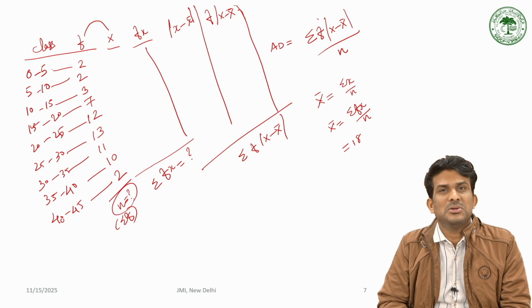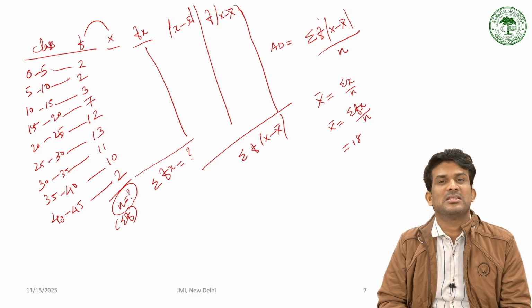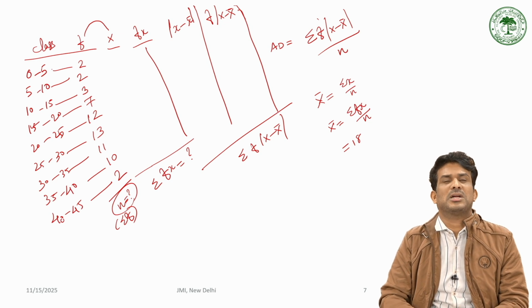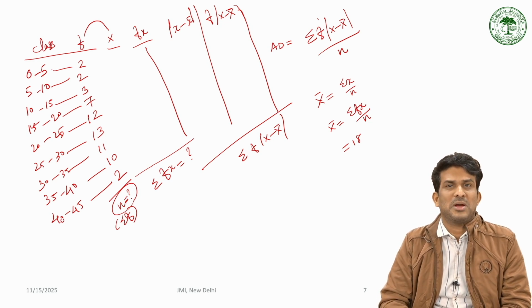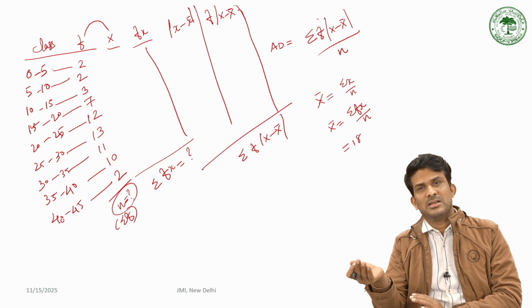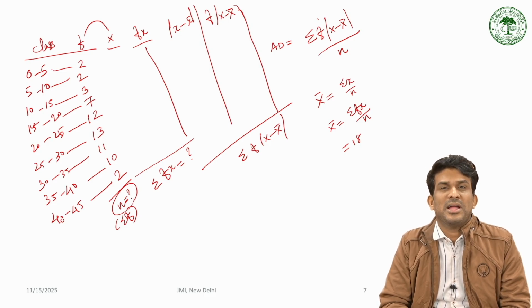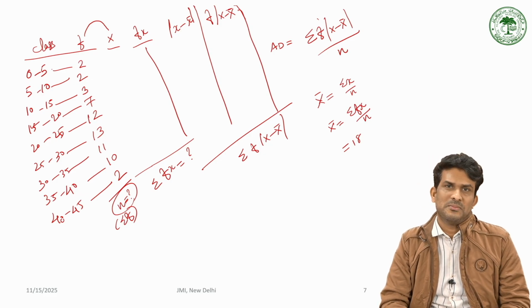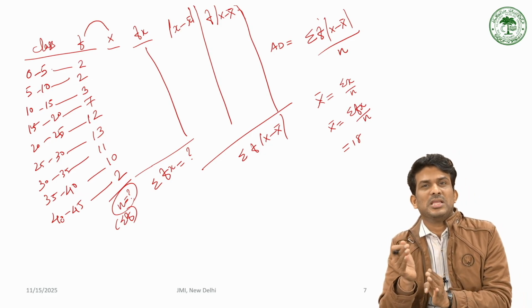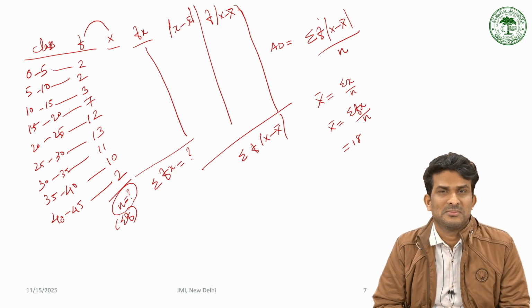After that, we multiply it with the frequency corresponding to the class, that is f into modulus x minus x bar. At the end, we take sigma of f into modulus x minus x bar and divide it by n, the total number of observations. This is the way of doing things properly for average or mean deviation.